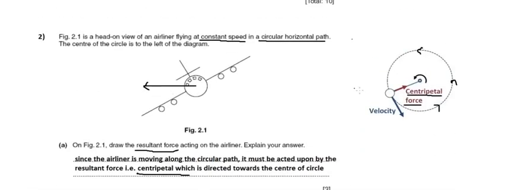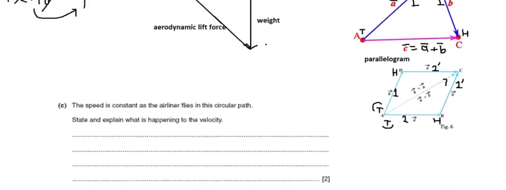This is towards the left because addition of these two vectors is giving you the resultant vector to the left. There is nothing but the third side. You can say the first side of the triangle is weight, the second side of the triangle is aerodynamic lift, and the third side of the triangle is nothing but centripetal force. So here we will simply apply the triangle of vector addition.